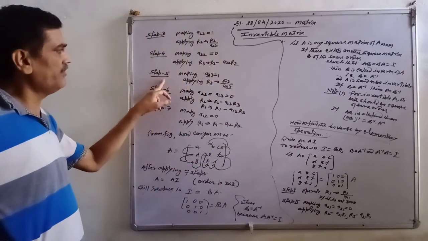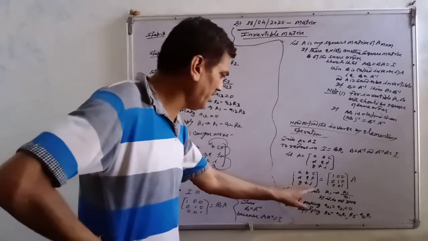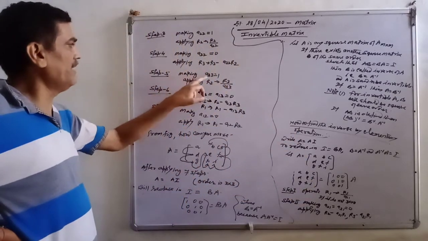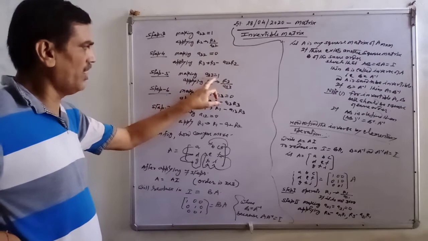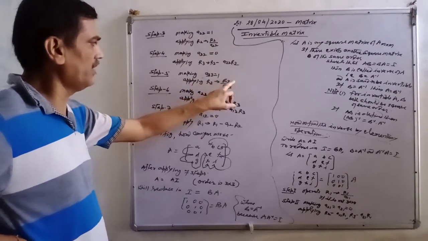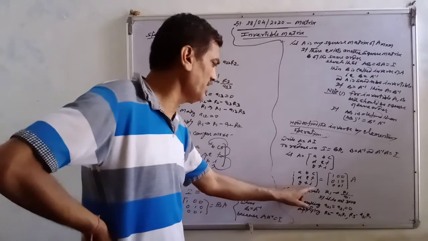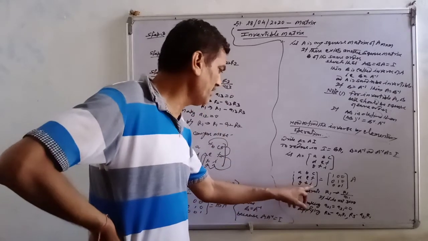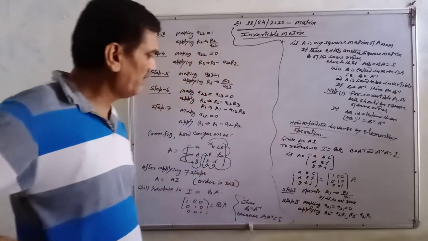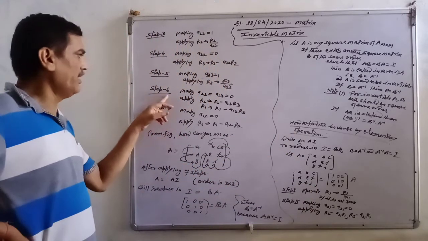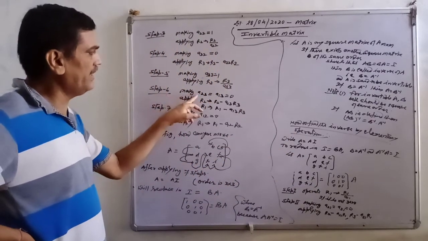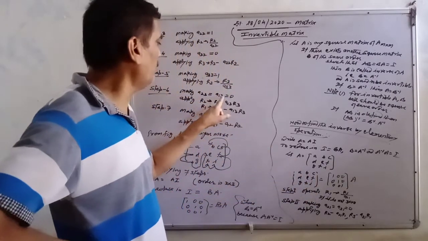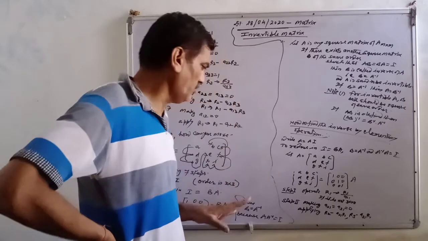Now next step, step number 5, making this I equal to 1. So in the 5th step, A33 is equal to 1. For this, R3 tends to R3 upon A33, meaning R3 divided by this I. Then this element will become 1. Now in step 6, making A23 and A13 equal to 0.